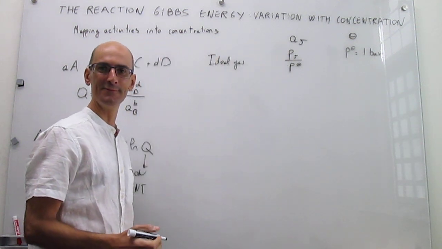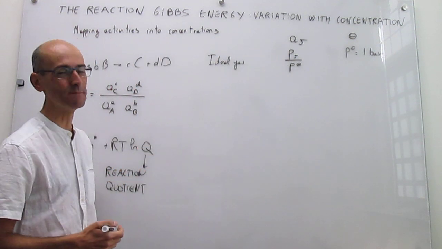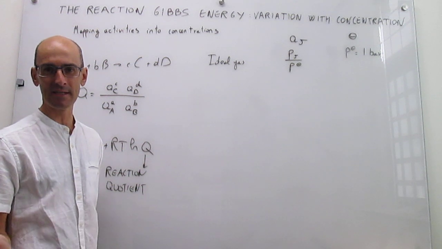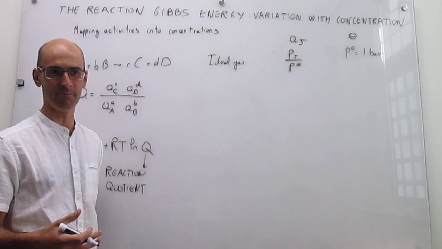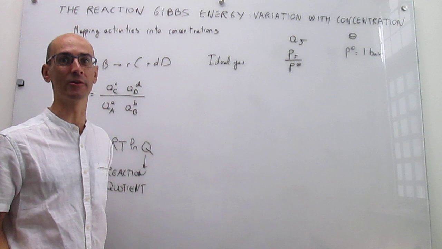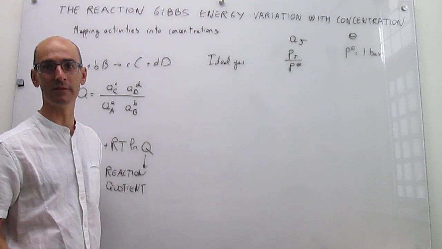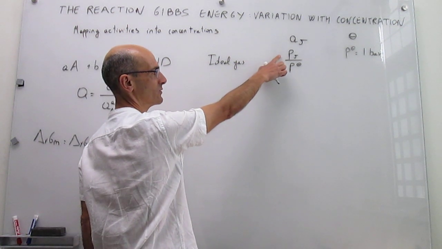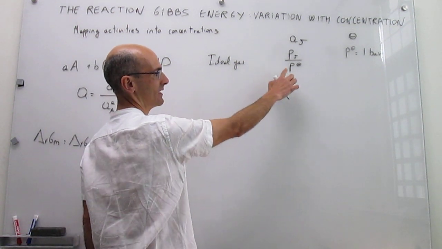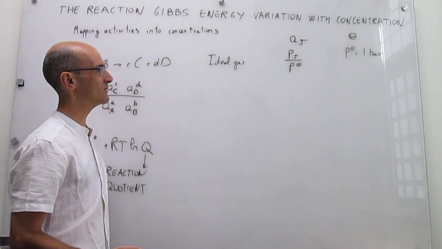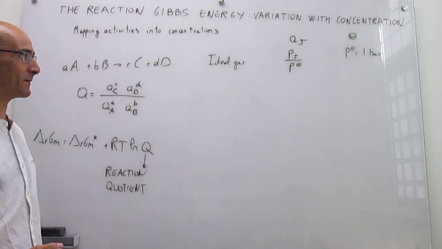See how simple this is? Activities have been placeholding measures of concentration, but now we actually are going to be able to learn how to map those into something that is useful. Partial pressures are really easy to measure, very easy to understand, and this is simply 1 bar. So it looks like this is relatively straightforward.